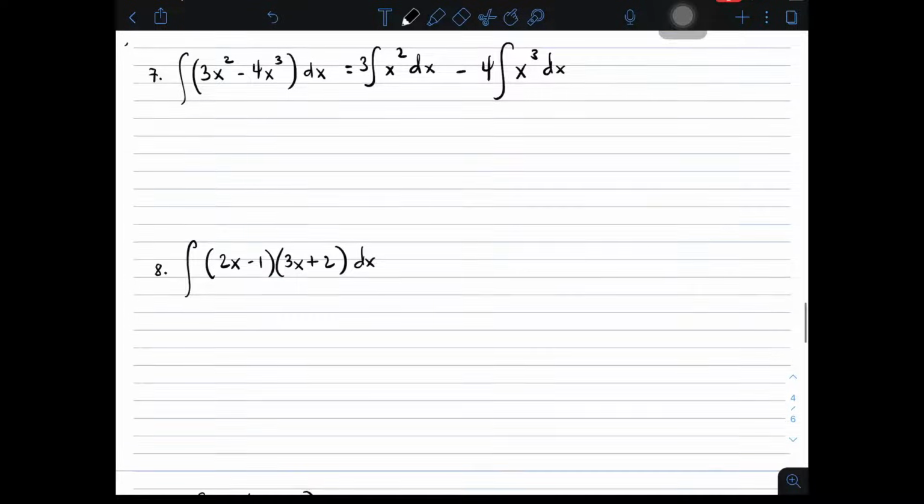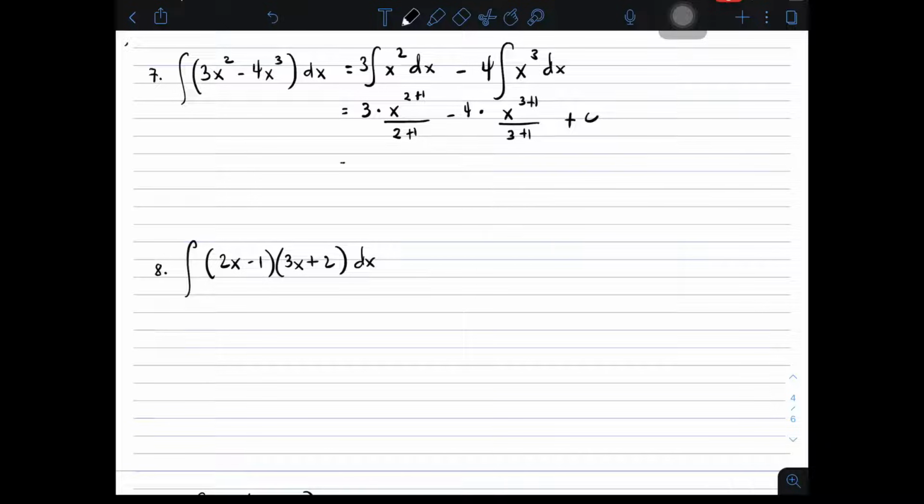So, tuloy lang natin. We have here the integral of 3 times x squared plus 1. Don't forget plus 1 over 2 plus 1. Sa kabila naman, next term natin, minus 4 times the integral of x raised to 3 plus 1 over 3 plus 1 plus c.